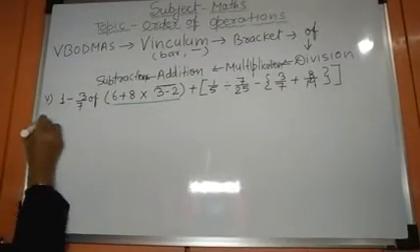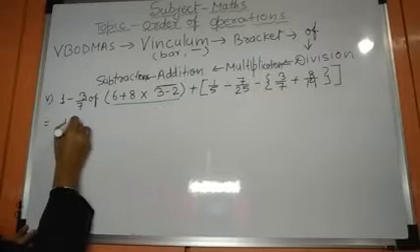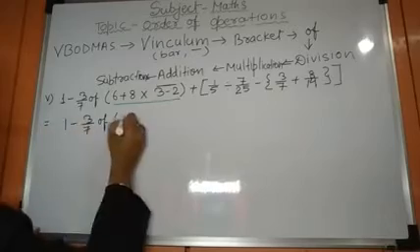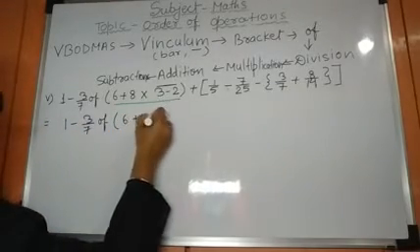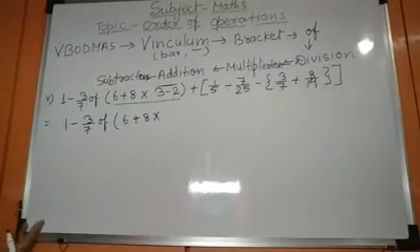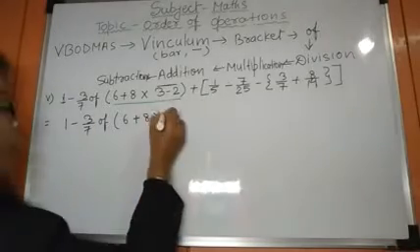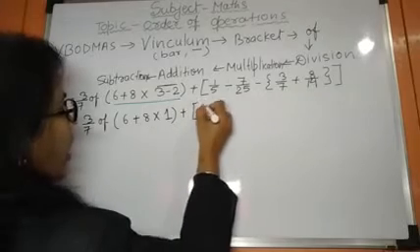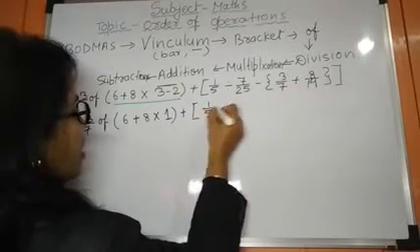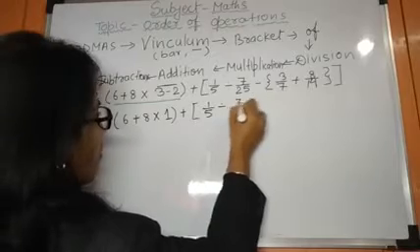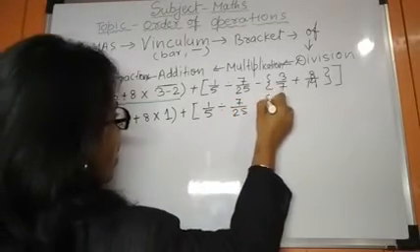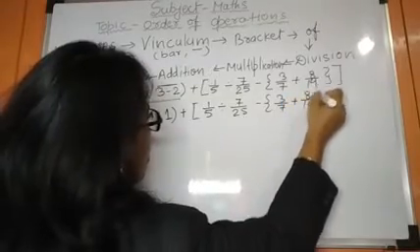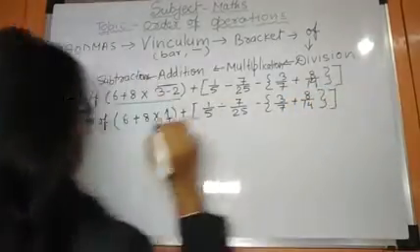So remaining all we will write as it is, 1 minus 3 upon 7 of, under the bar, 6 plus 8 multiplied by 3 minus 2, that is 1. So here 1 and remaining all we will write as it is, 1 upon 5 divided by 7 upon 25 minus 3 upon 7 plus 8 upon 14 and bracket closed.